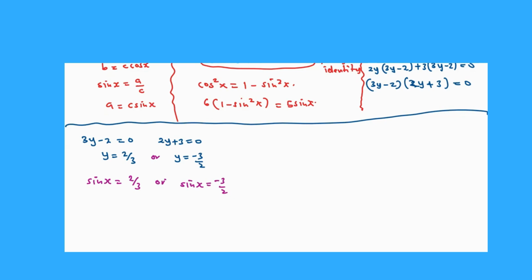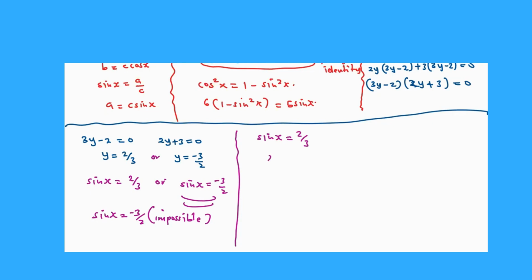Let's start with negative 3 over 2, because we want the value of x, we get the sine inverse. The sine inverse of that is impossible because it's a math error, so we don't take that value. We'll take sine x equal to 2 over 3, the positive value.